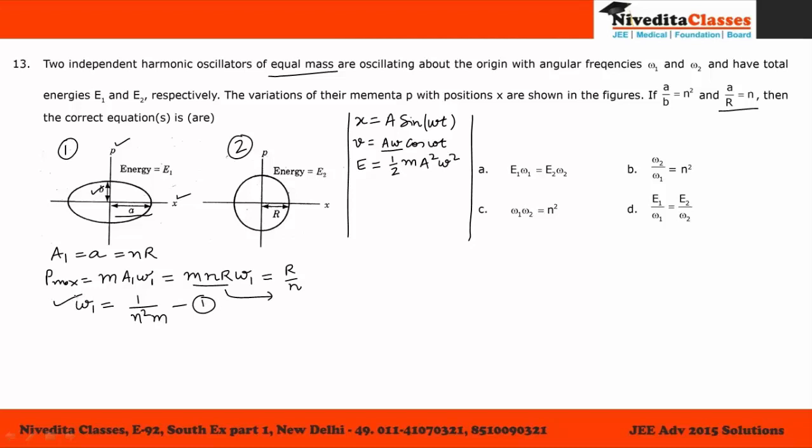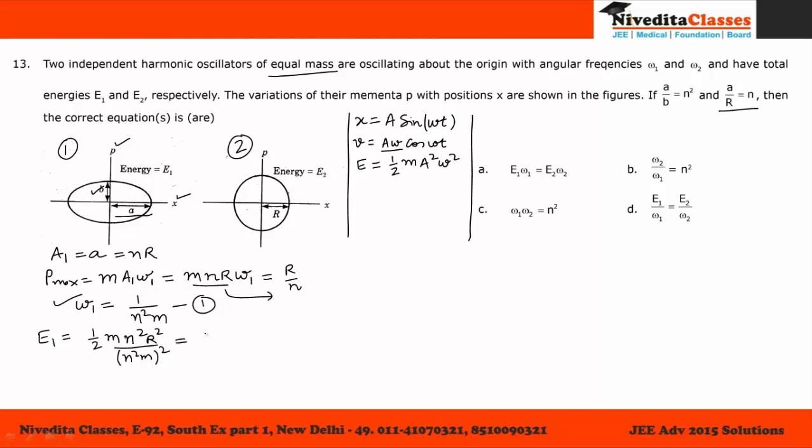Now let's take the energy of this first case. This is equal to half m A square omega 1 square. A is the amplitude of the displacement, which we know is equal to nR. So half m into n square R square into omega 1 square, and omega 1 we have already calculated, so it is divided by n square m whole square.